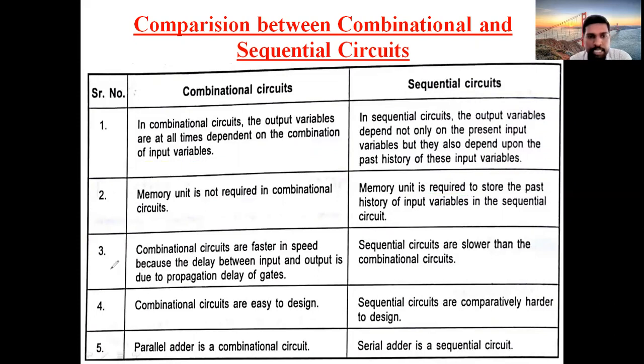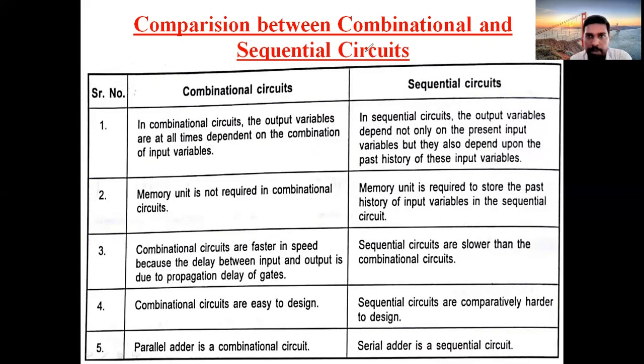Next, the third one. Combinational circuits are faster in speed. They are very fast in execution. Why are they faster? Because the delay between input and output is due to the propagation delay of gates.